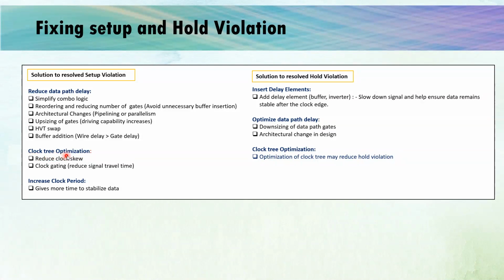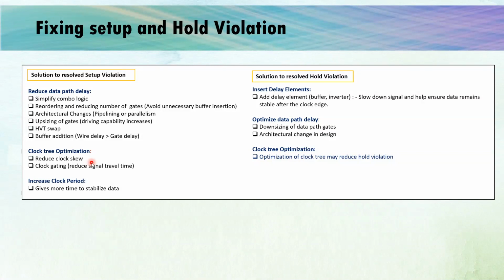Another thing that we can do to resolve the setup violation is clock tree optimization. We can resolve the setup violation by reducing the clock skew. Many of the time the clock architecture that we are building results in a lot of clock skew, or the clock tree stitching that we are doing results in a lot of clock skew.